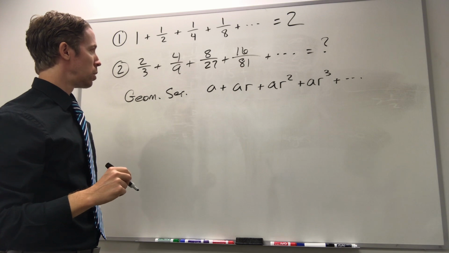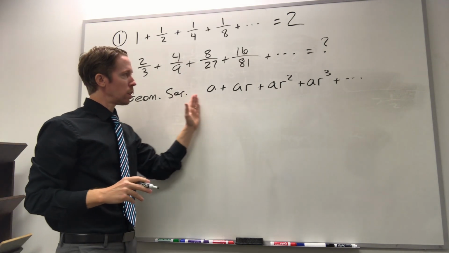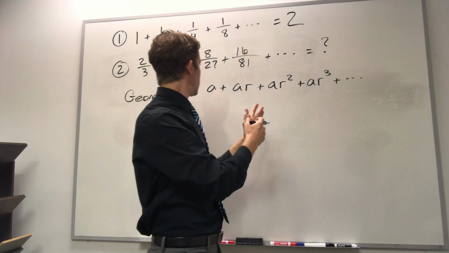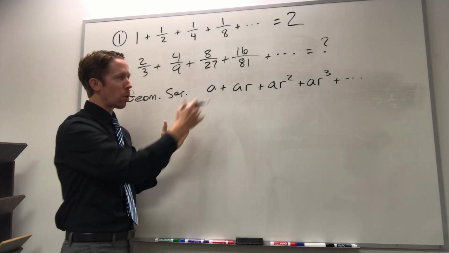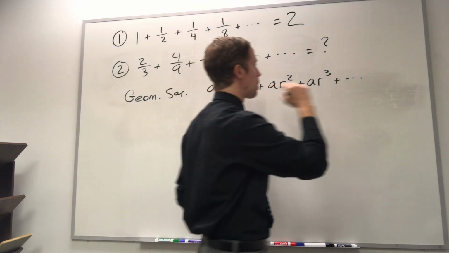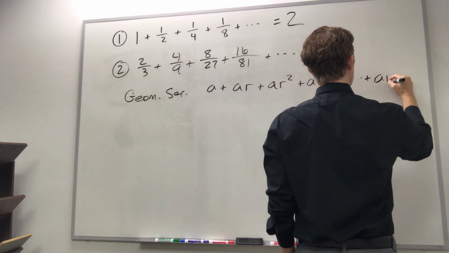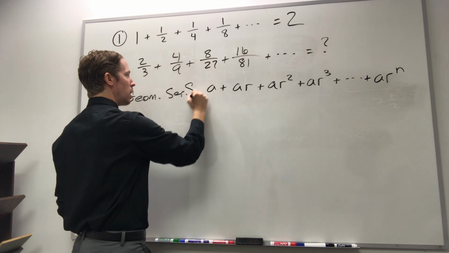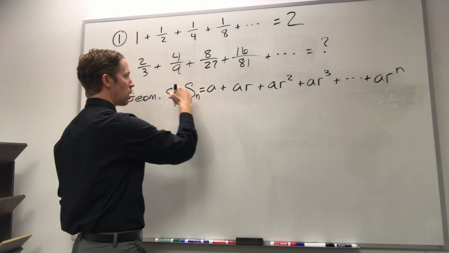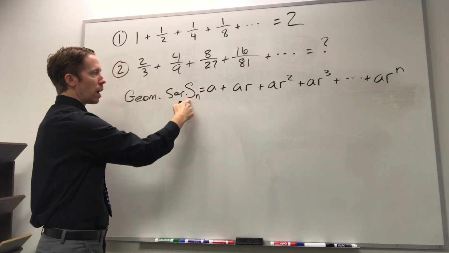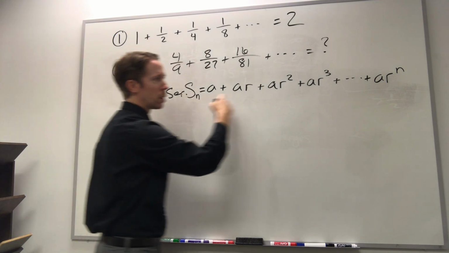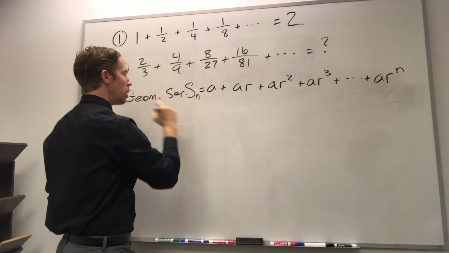So what I'm going to do is stop this at a finite point, where r has a power of n. And I'll call that Sn. Sorry, this is a little messy. Sn stands for partial sum, and I'm thinking of the n as the power on the ratio.